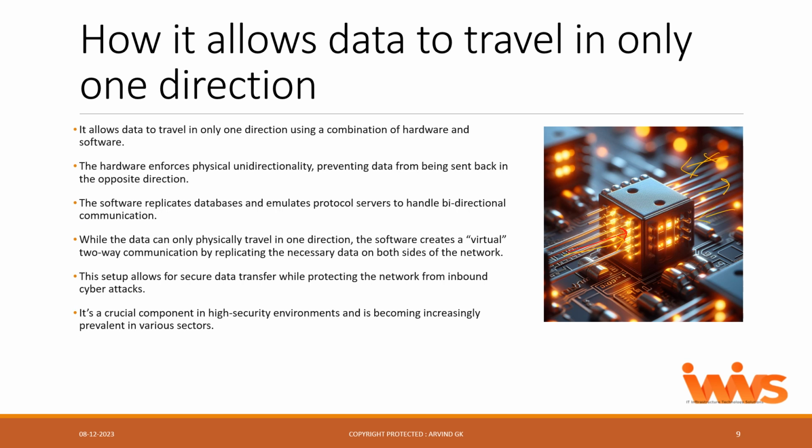Whatever equipment is on this side cannot communicate back to this. So this will be the outside world from where the data will come and go, but from here to this, data cannot come. The data cannot flow from here to here, but it can always flow from here to here.